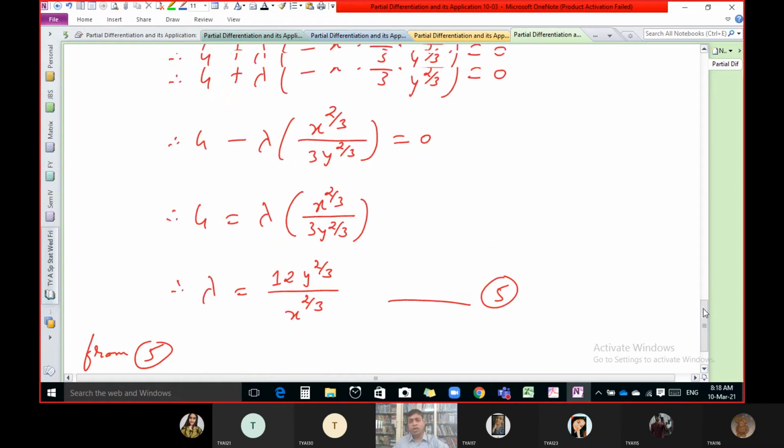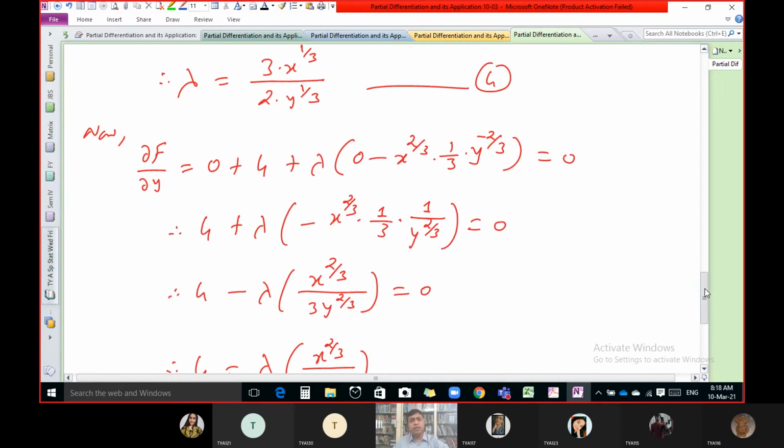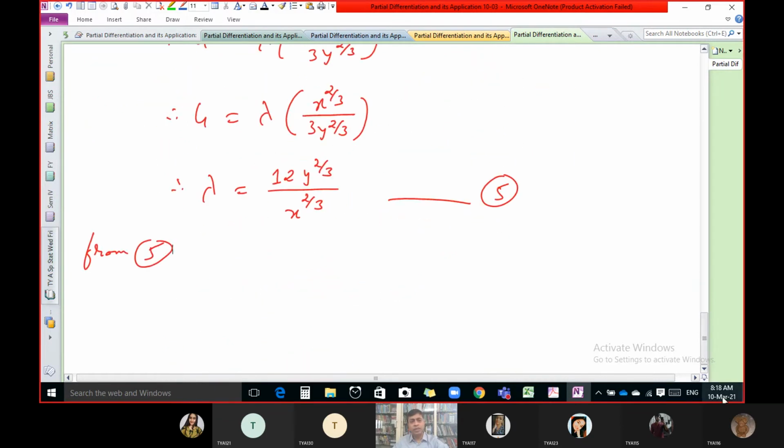In 4, it is given as 3 into x raised to 1 by 3 upon 2 into y raised to 1 by 3, and 5 means this 12 into y raised to 2 by 3 upon x raised to 2 by 3.